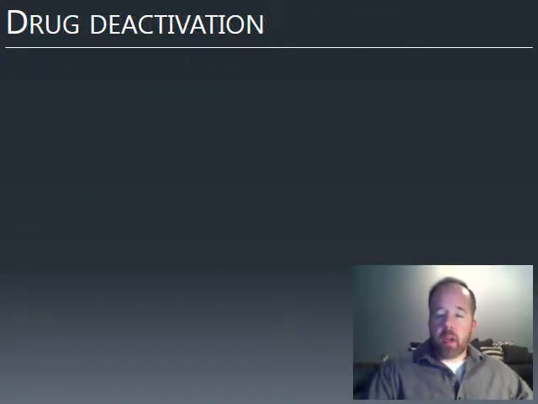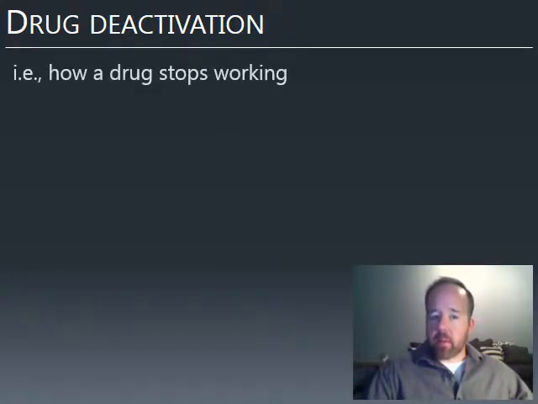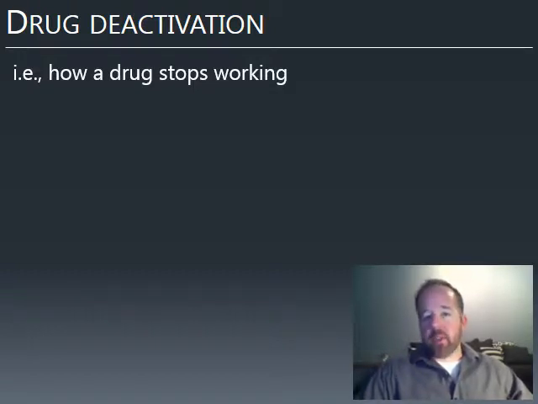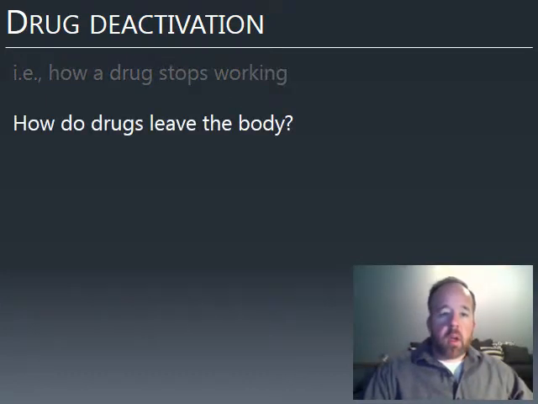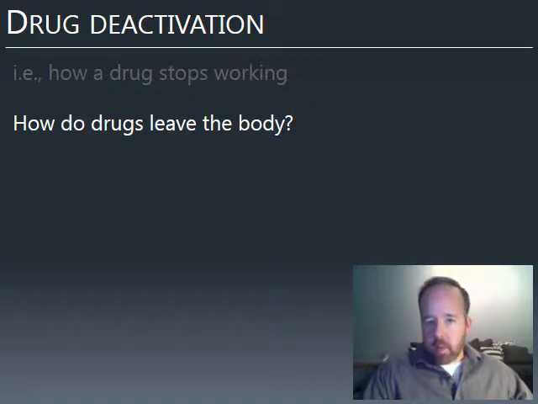Okay, so once a drug has gotten into the system, and once it's had its effect, what happens after that? Well, there's a phenomenon of drug deactivation, which is just a way of saying how the drug stops working. The only way for that to happen is if the drug leaves the body somehow. As long as the drug is in the bloodstream intact, it's going to keep on having an effect.